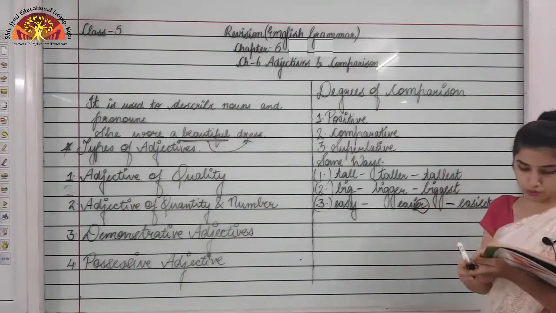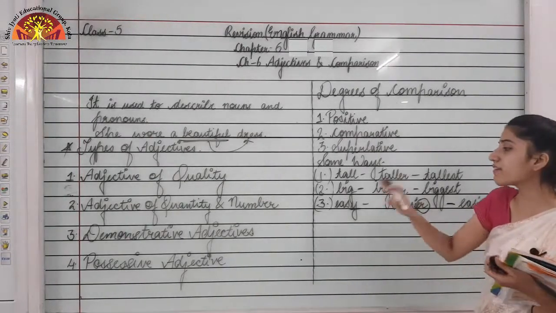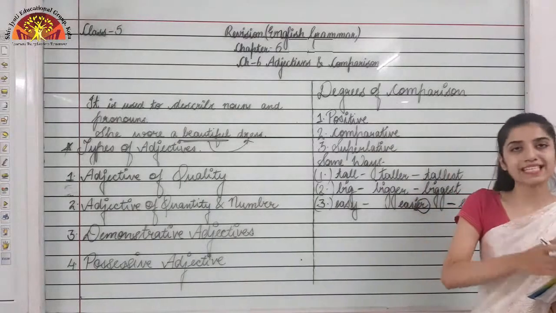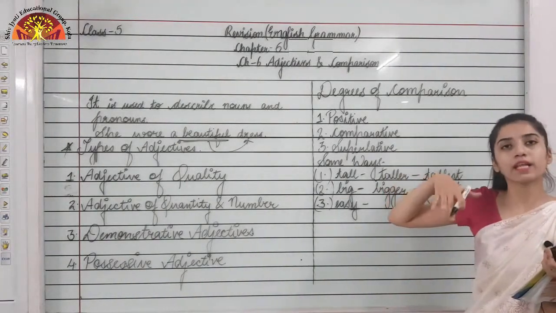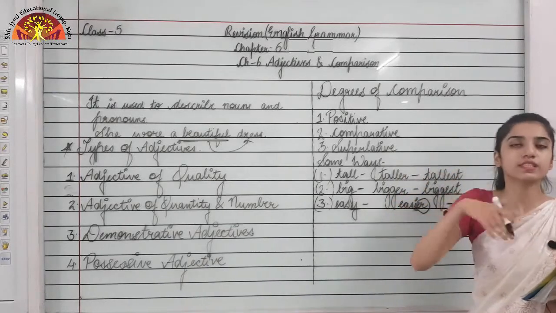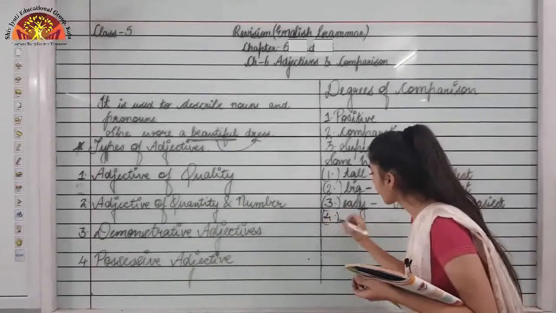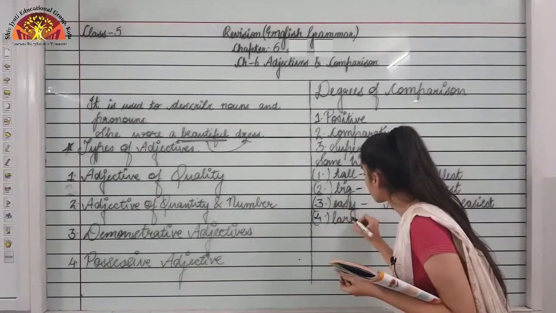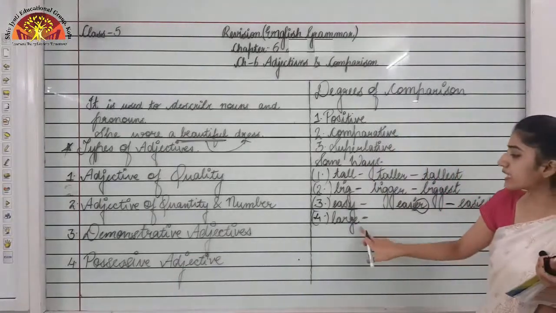Now moving to the fourth rule. The words that end with E, that already have E. We'll just add R to form the comparative degree, and to form the superlative degree we just need to add st. Okay. Like for example, large. Large is already ending with E, right?